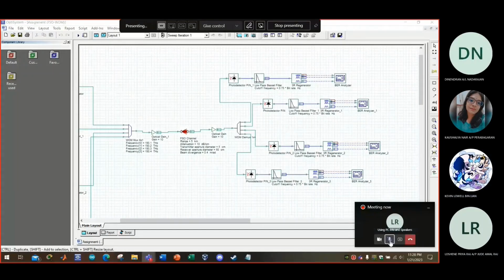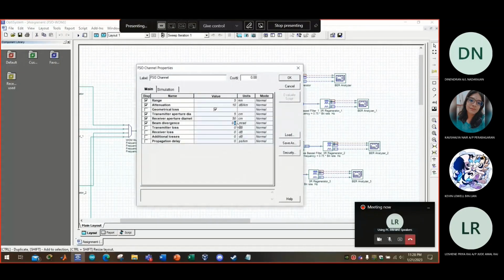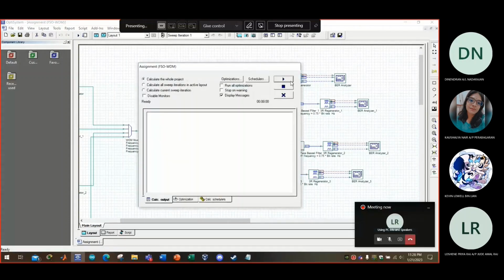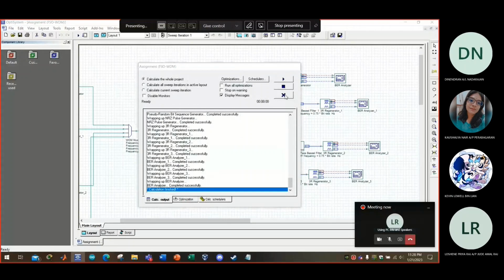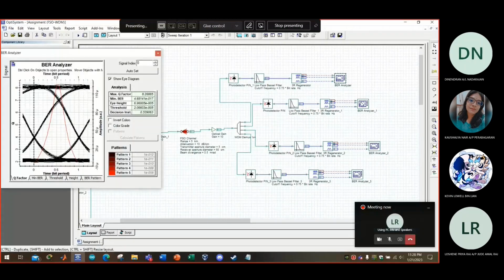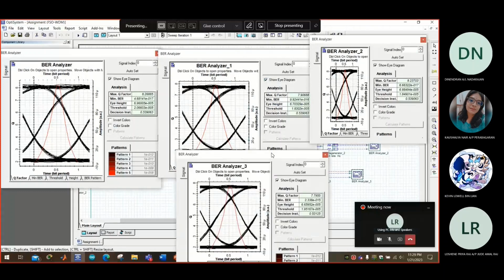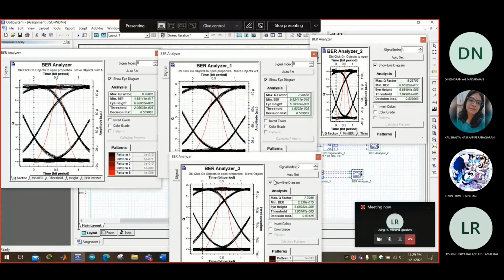My name is Narendra Amidashan. Now I will explain the difference after we change the beam divergence in the FSO channel to 0.5. As you see here, for the BER analyzer, the first maximum Q factor will be 8.26885.